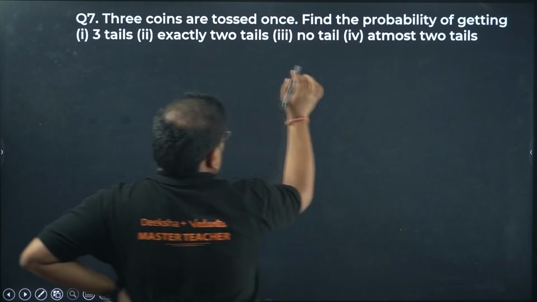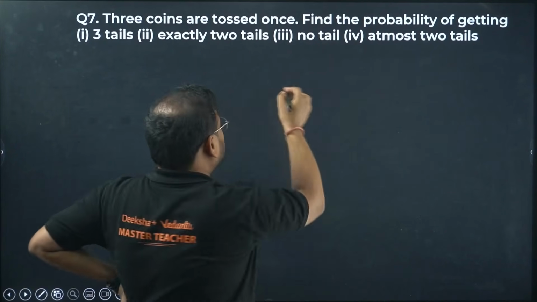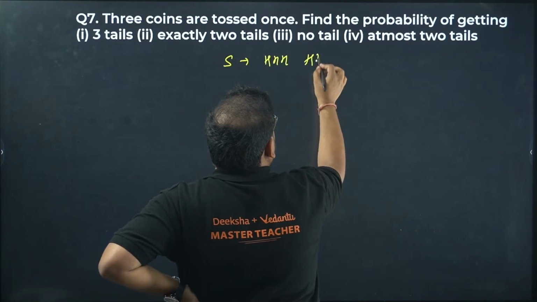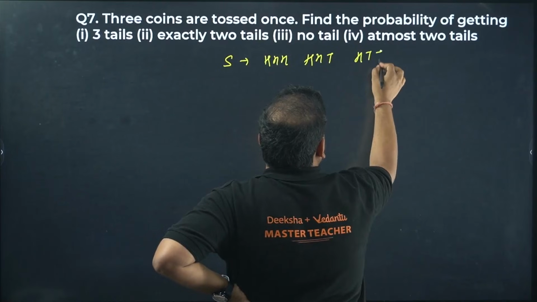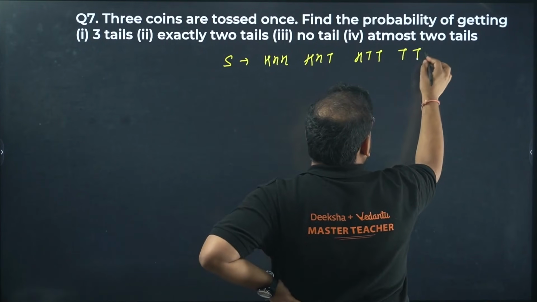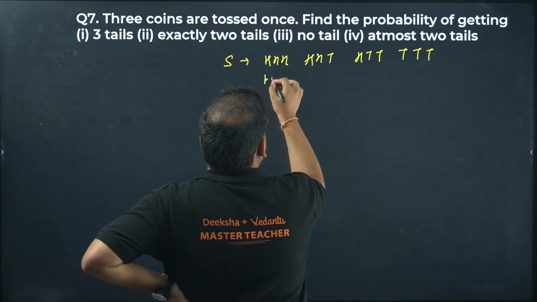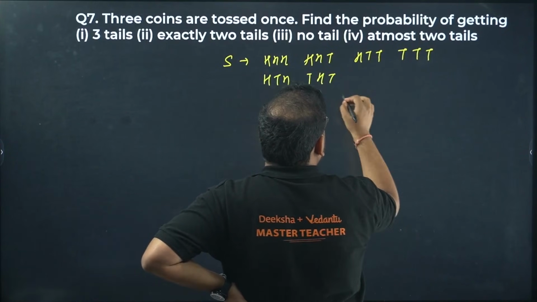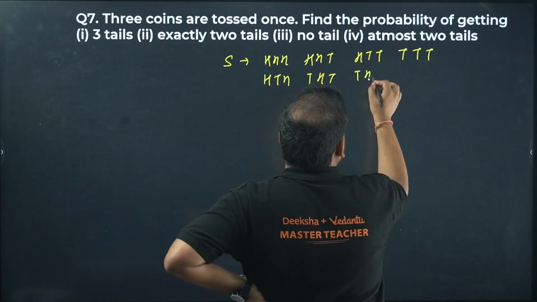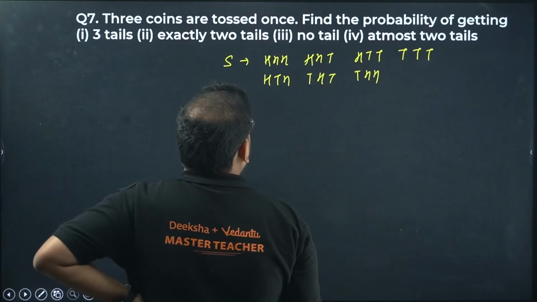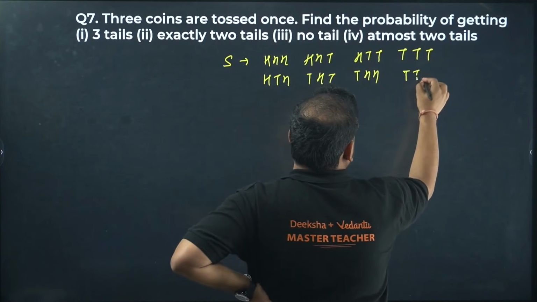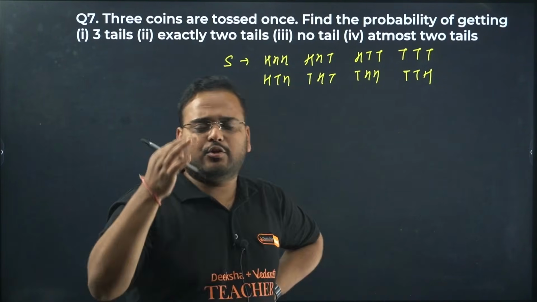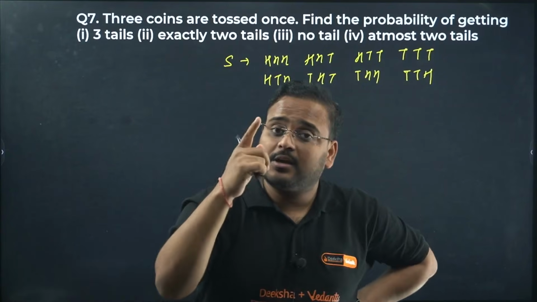3 coins are tossed. Can you write the sample space? Yes, we can. Very simple one, sir. Total of 8 will be there. H H H, H H T, H T H, T H H, T T H. Total of 8 possibilities are there in the case when you toss 3 coins once.